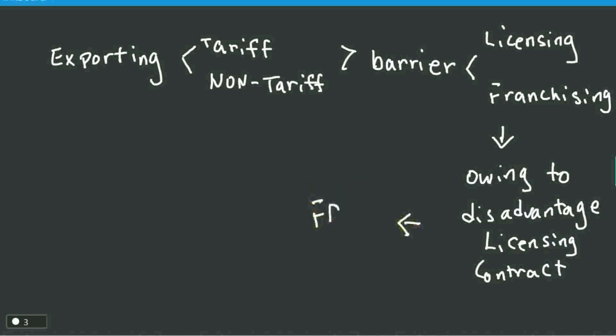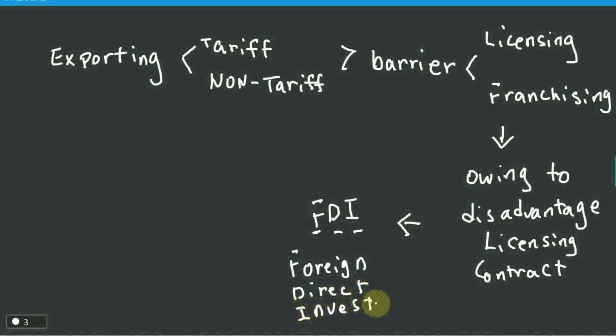FDI. So this time we will study FDI. The meaning of FDI is foreign direct investment. So we take the first letters and call this one FDI.